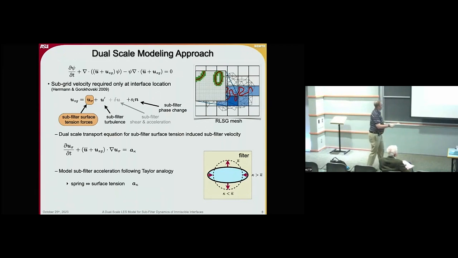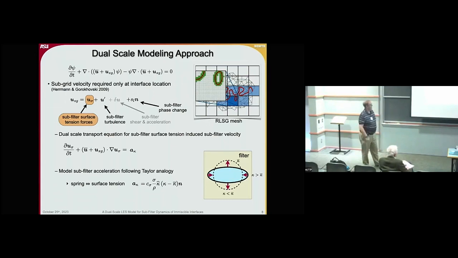So you will have regions where your resolved curvature is higher than the filtered curvature, and regions where it's lower. So I'm going to treat the extension of the spring as that difference of the resolved curvature and the filtered curvature in the direction of the filtered normal. In the direction of the resolved normal of the interface.